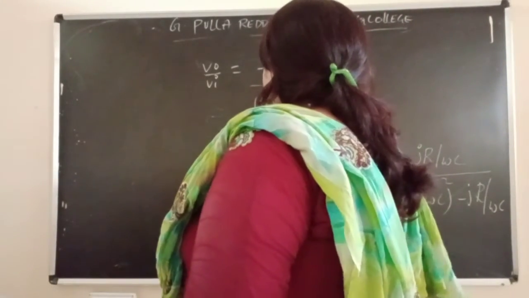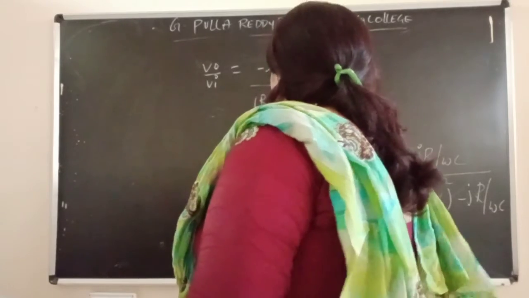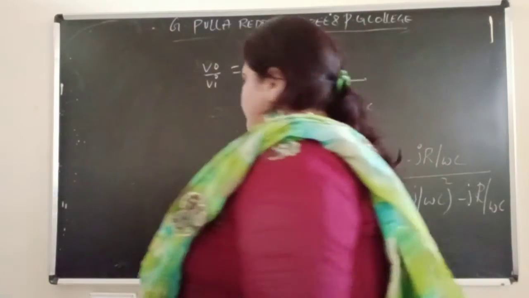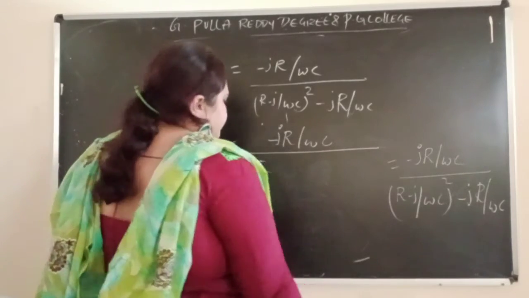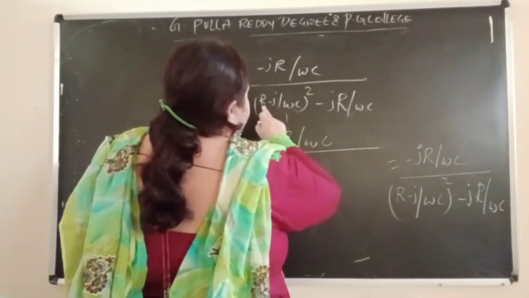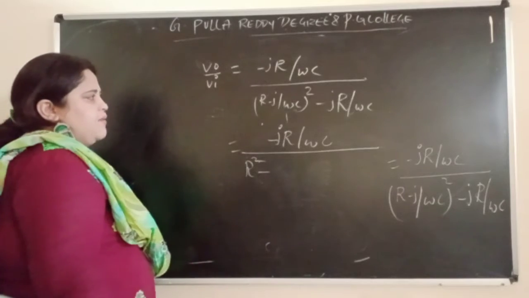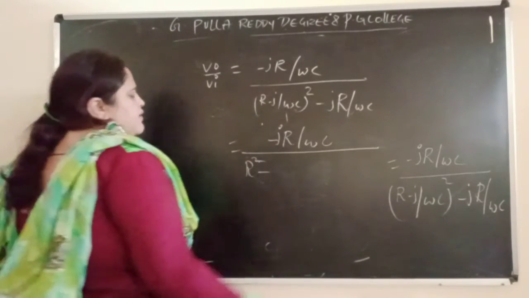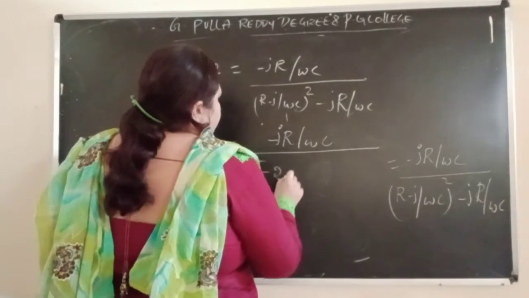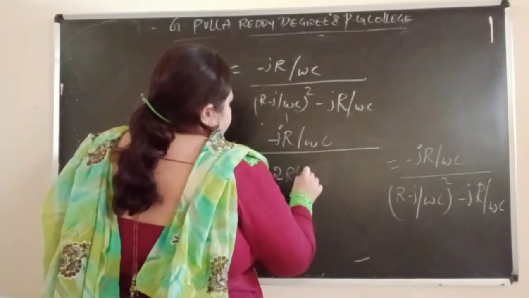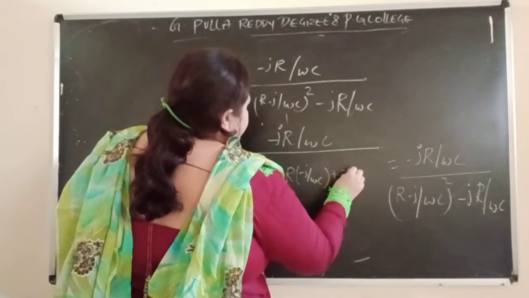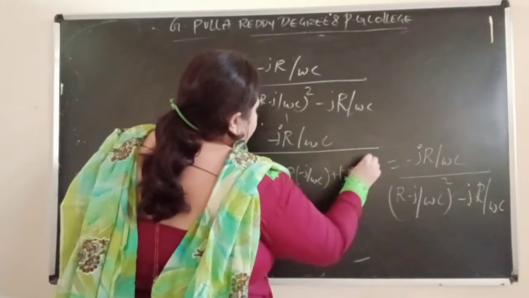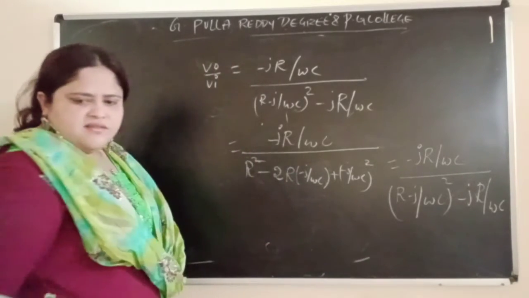Minus j R by omega C, the upper part I will write the same. Now I will write the denominator: A square is R square, minus 2AB, and 2AB means 2R into j by omega C, plus B square, which is (j by omega C) whole square, then plus minus that.